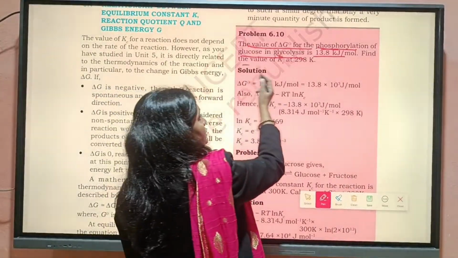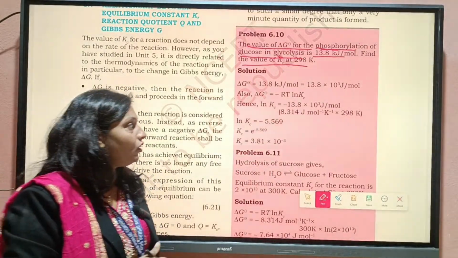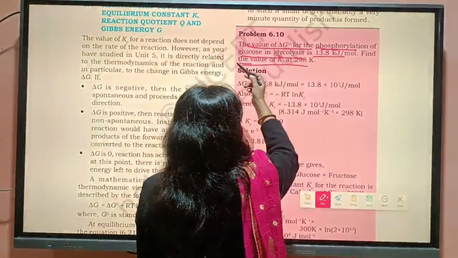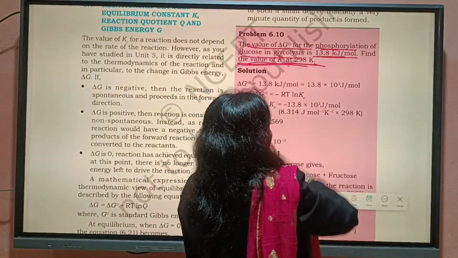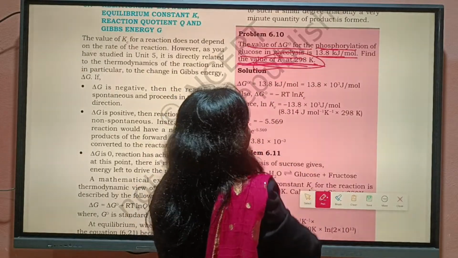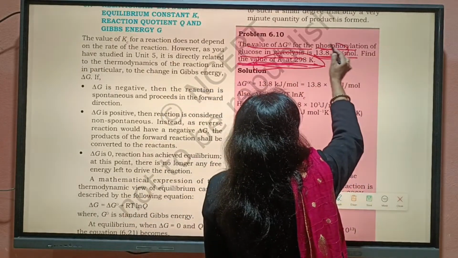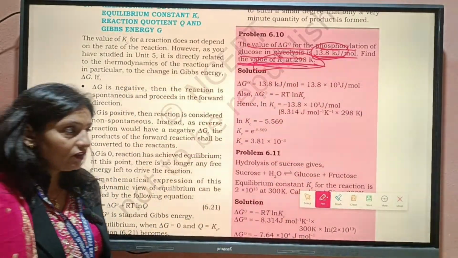Find the value of Kc. In this way you can get it. Clear? So students, only the Kc value you will find, and here the value of del G is given.